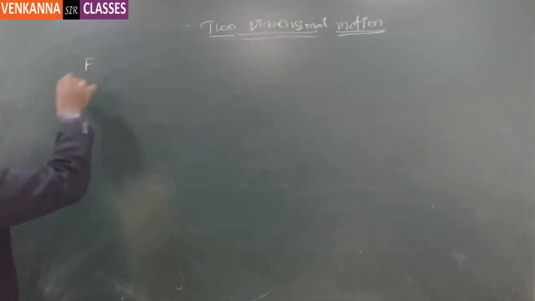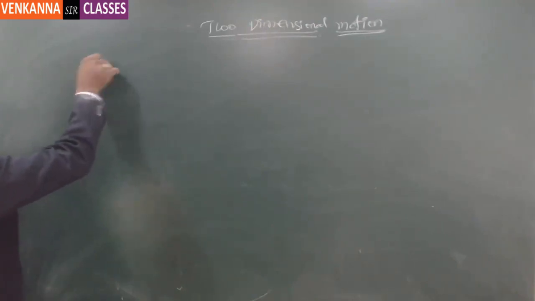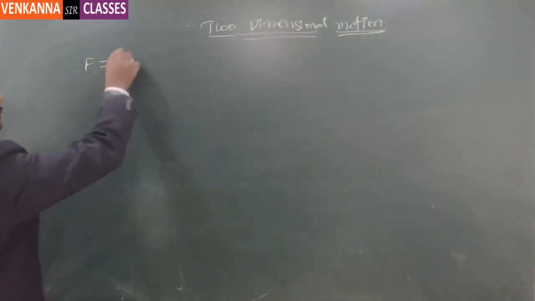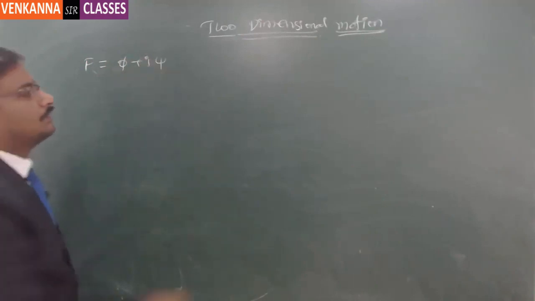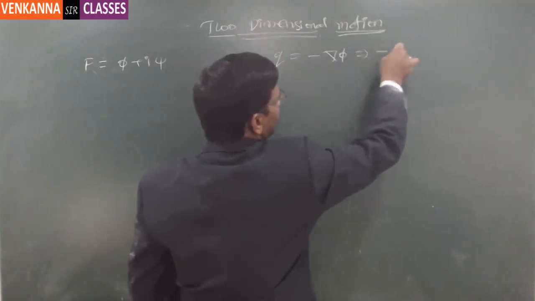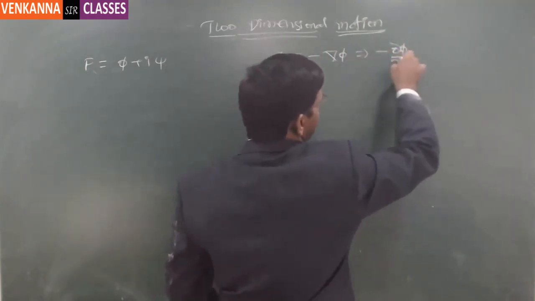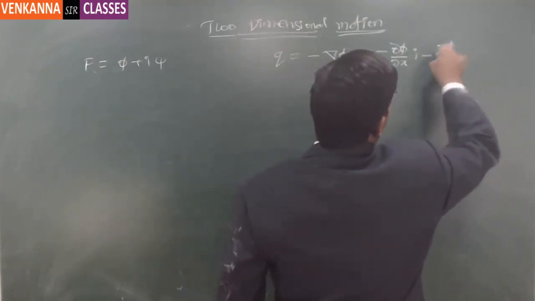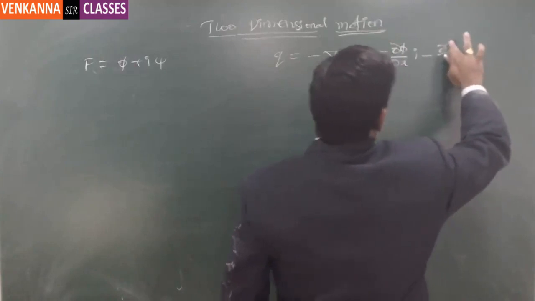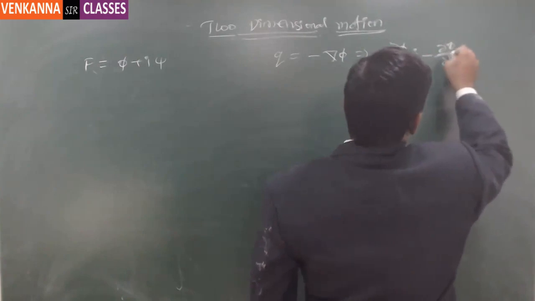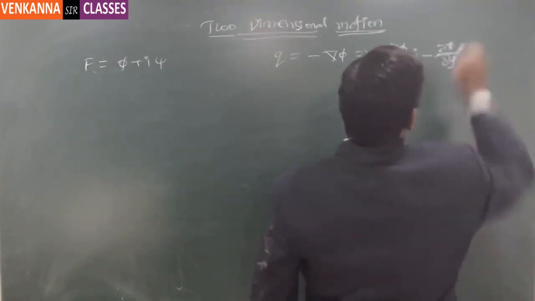So here, complex potential. Suppose I call it F or W, whatever it may be. So F is equal to phi plus i psi, and then Q is equal to minus del phi, which is minus dou phi by dou x i minus dou phi by dou y j.